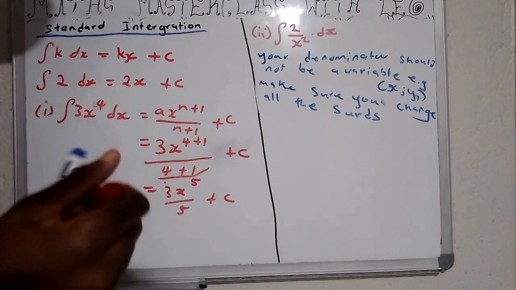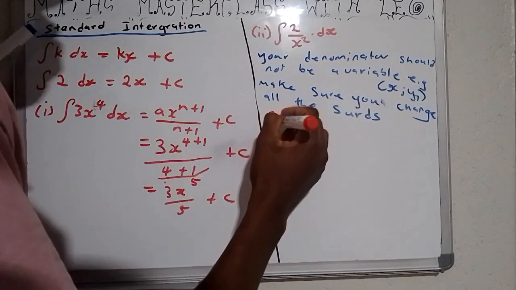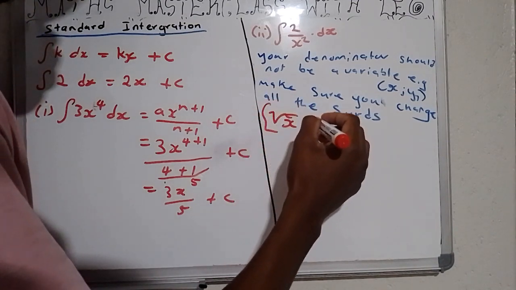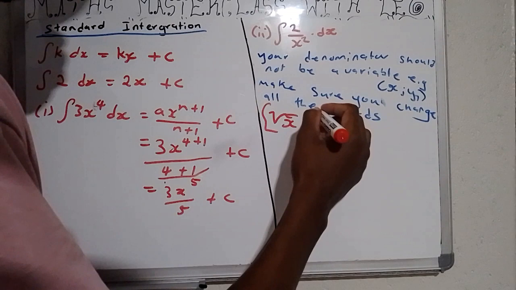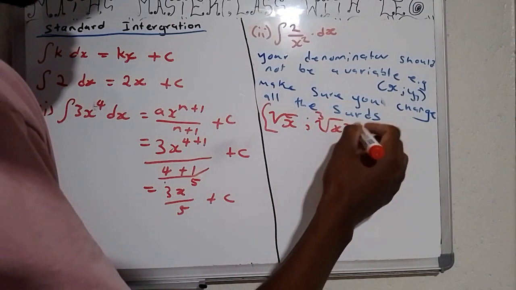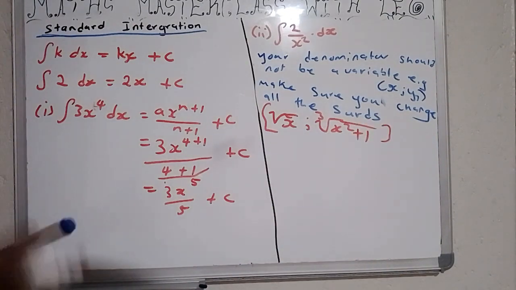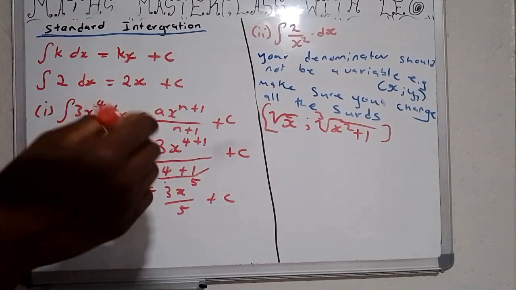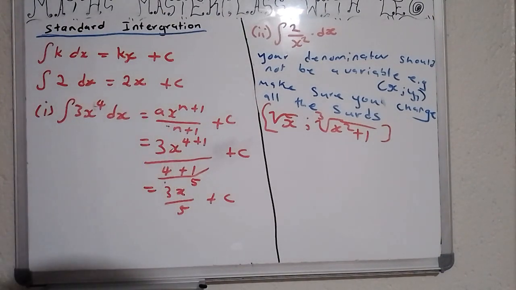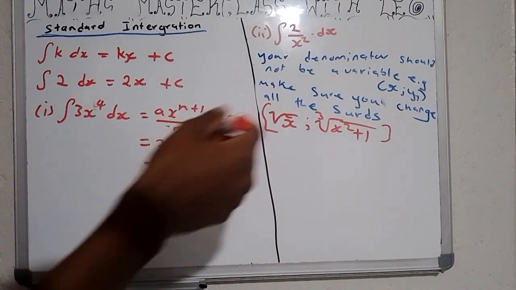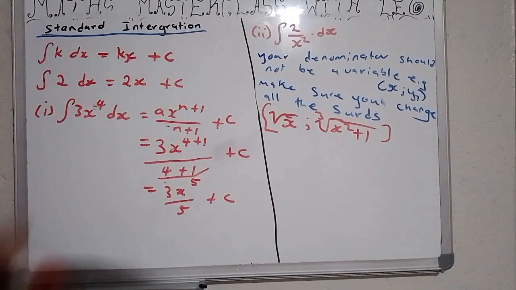The sums is your root of x, root of x squared plus 1, something like that. Make sure you remove these things when you integrate. Make sure you are left with the standard formula in terms of exponents. And your denominator should not be a variable. Should not be x, should not be y or whatever.